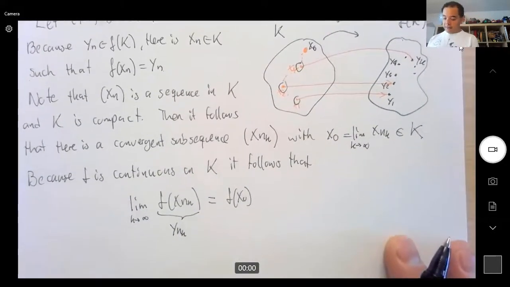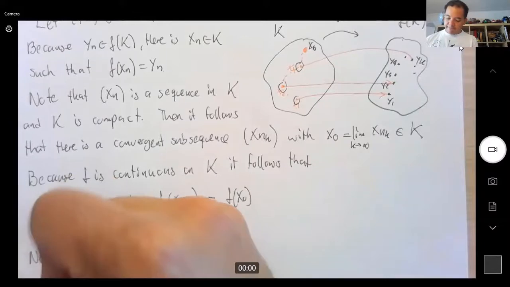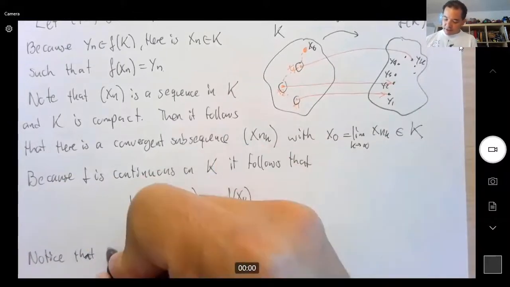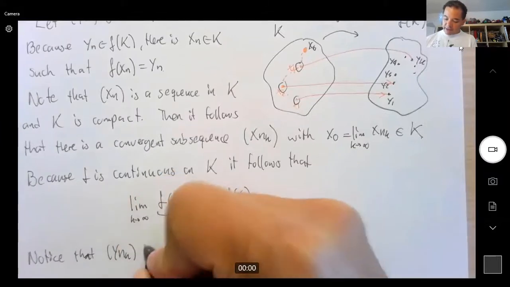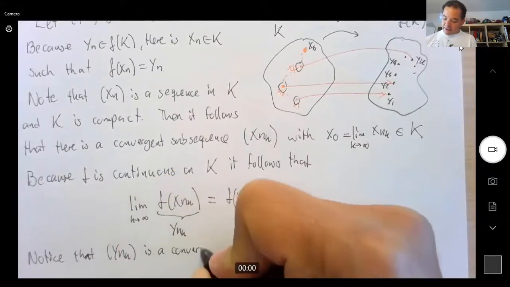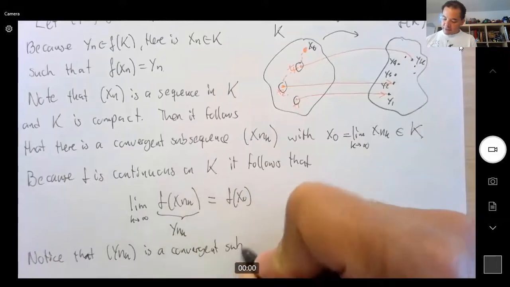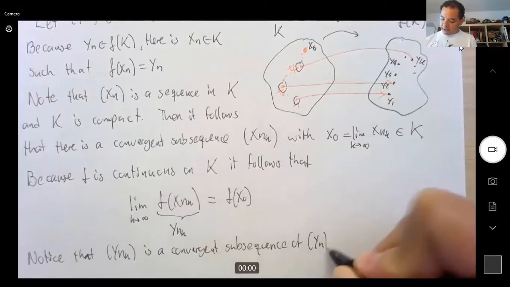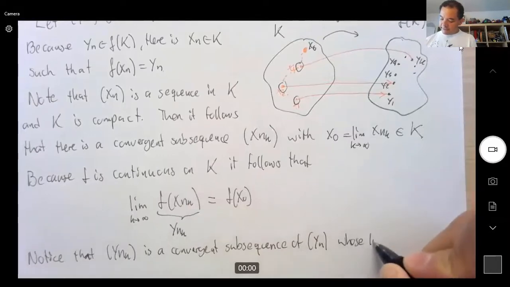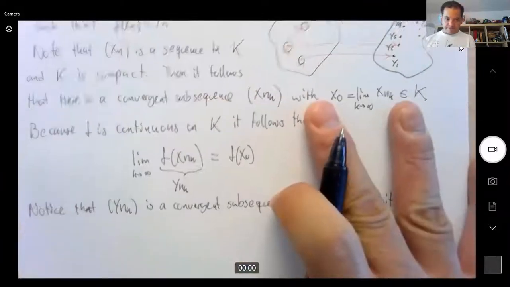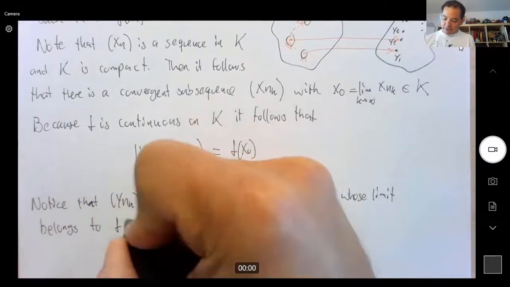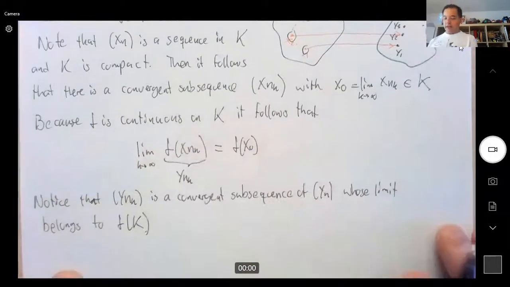We just found out, so notice that, it's going to make it super specific. Notice that y_{n_k} is a convergent subsequence of y_n whose limit belongs to f of K. That's what we wanted, right?